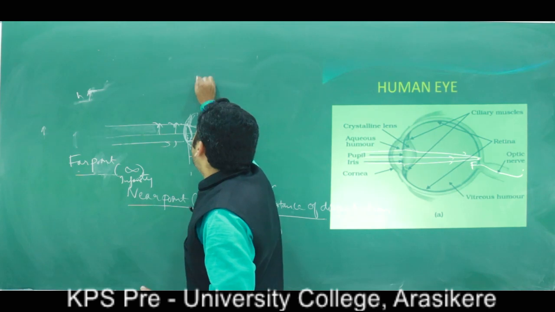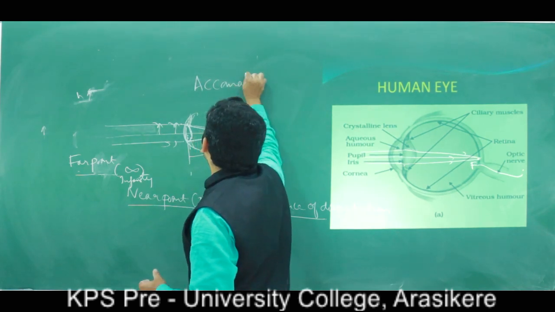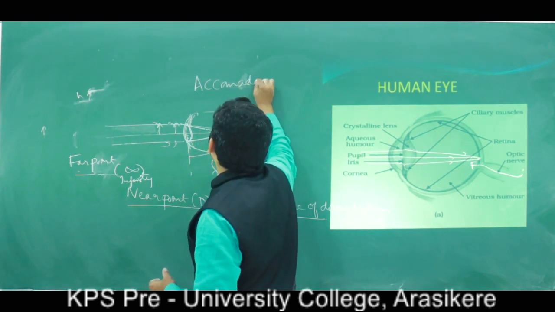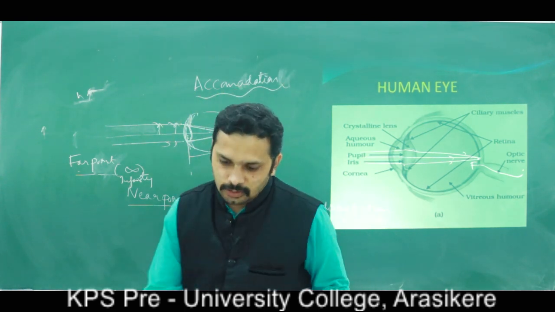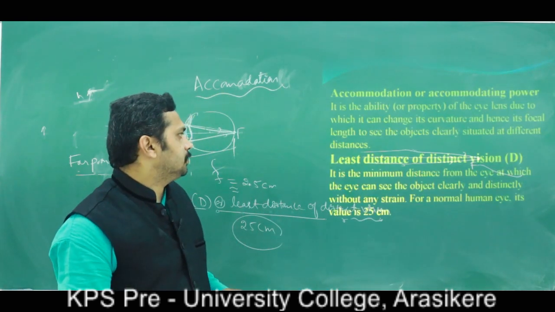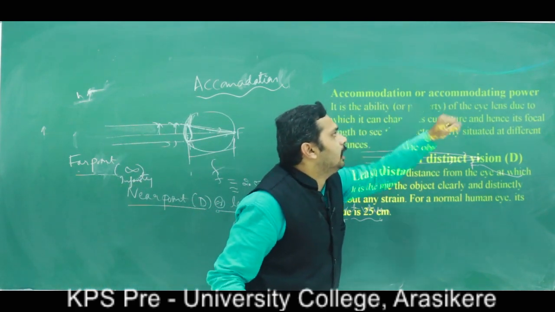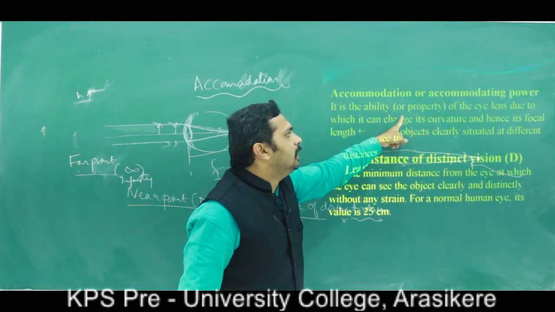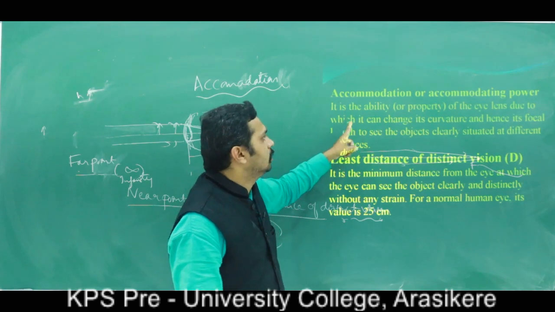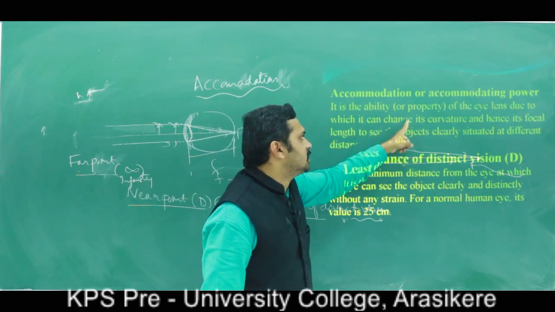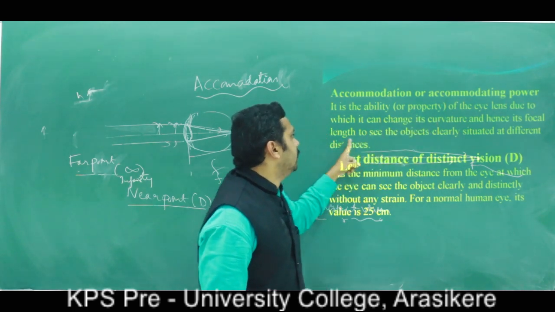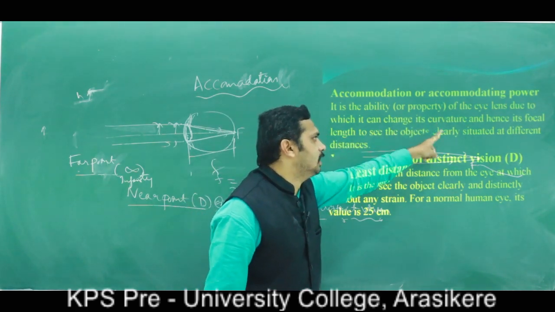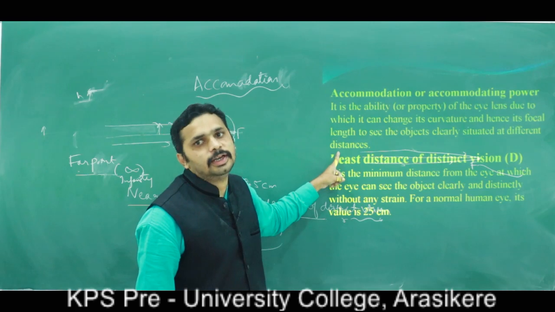This is called accommodation, or accommodating power. Look at here, what is accommodation or accommodating power? It is the ability of the eye lens due to which it changes its curvature and its focal length to see the objects clearly situated at different distances.